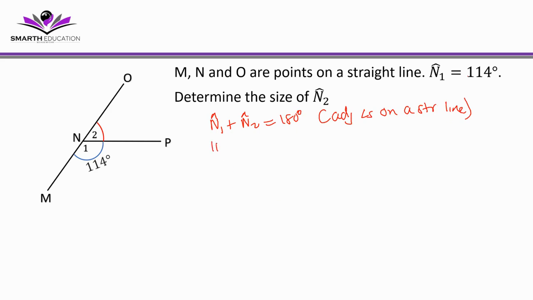So we have 114 degrees plus angle N2 is equal to 180 degrees. Then we subtract 114 degrees from both sides of the equation. So we have 180 degrees minus 114 degrees, and angle N2 is equal to 66 degrees.